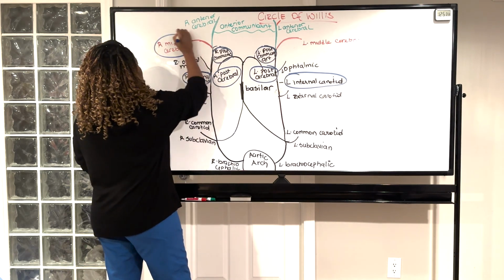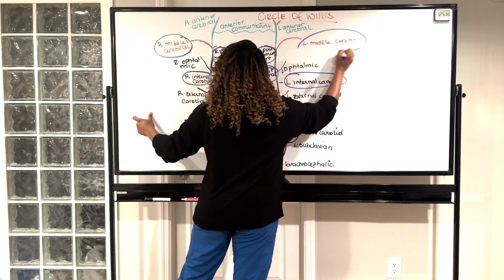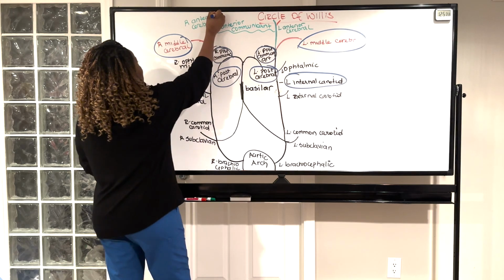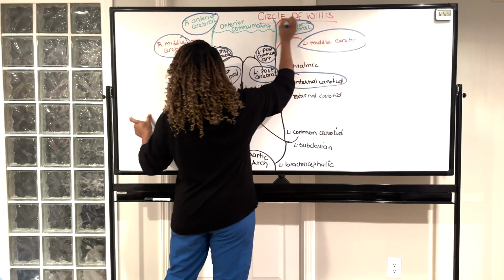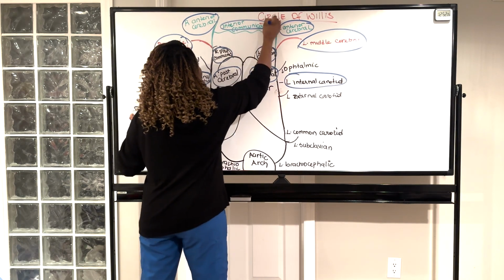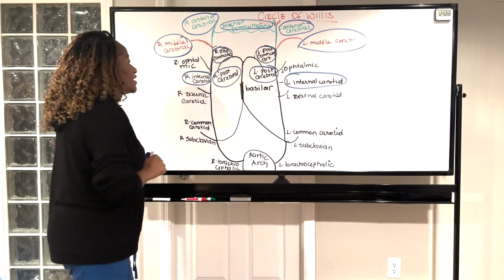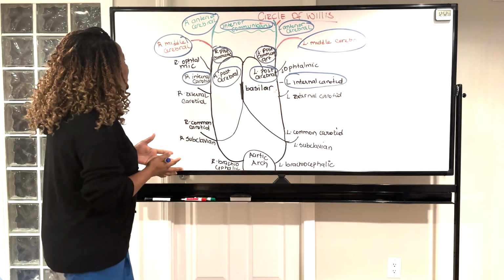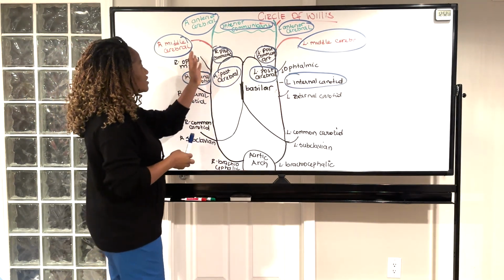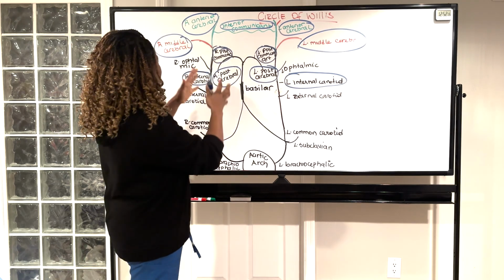Our middle cerebral are going to be involved, and our anterior cerebral are going to be involved with their communicant. So if we take a closer look at this drawing, we find out that we have a circle. We have like a polygon.